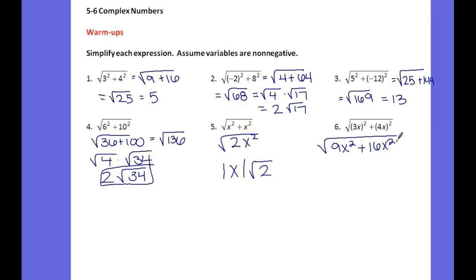Combine like terms, 9x squared plus 16x squared is 25x squared. We already said the square root of 25 is 5, and the square root of x squared is always the absolute value of x.